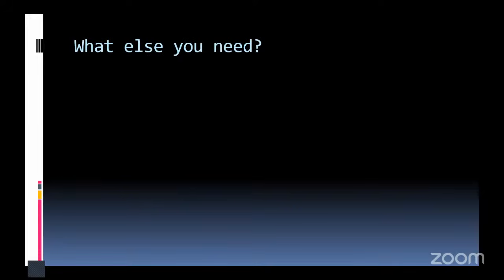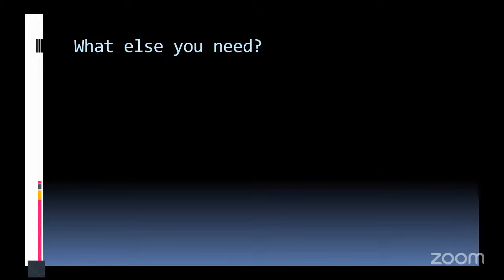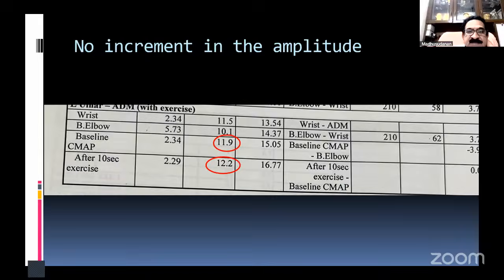What was the exercise advice, sir? Exercise? You mean the fatigability? Yeah, for Eaton-Lambert. That's the exercise test, no? The 10-second exercise. Initially do a CMAP amplitude just like you do motor conduction. Then ask the patient to do a 10-second exercise and repeat the CMAP.